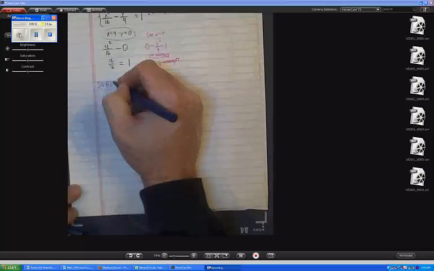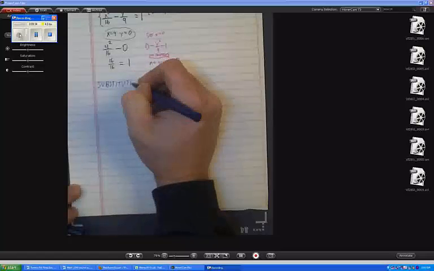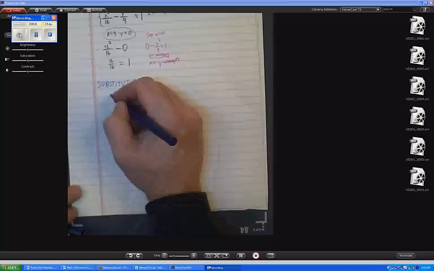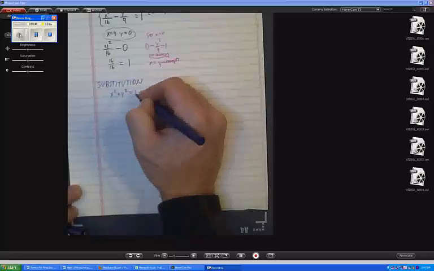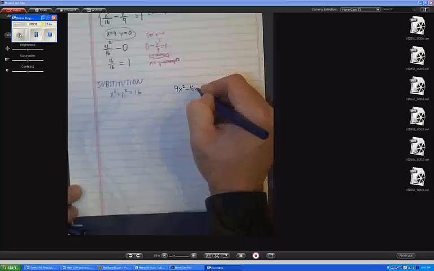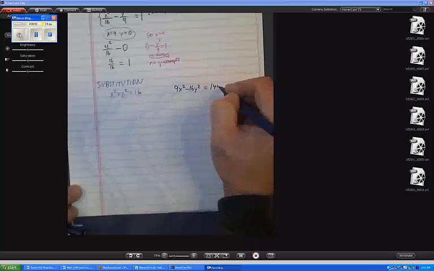Well, for substitution, the first piece of advice I'm going to make is that you write the equations next to each other instead of in the way they were. Let's take the original equations. X squared plus y squared equals 16. And the other equation was 9x squared minus 16y squared equals 144.